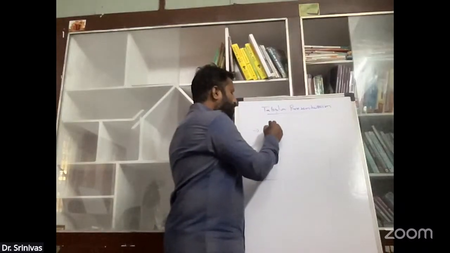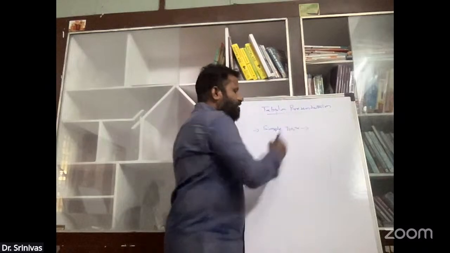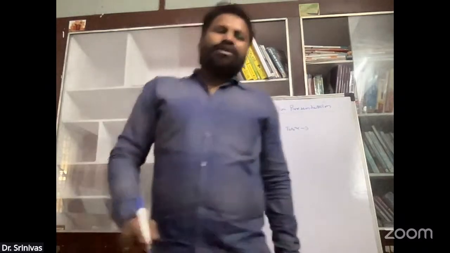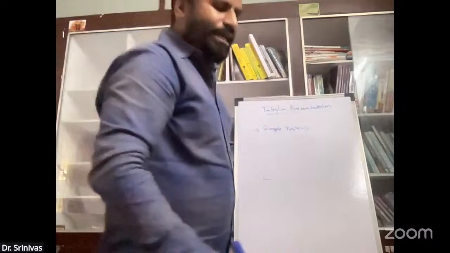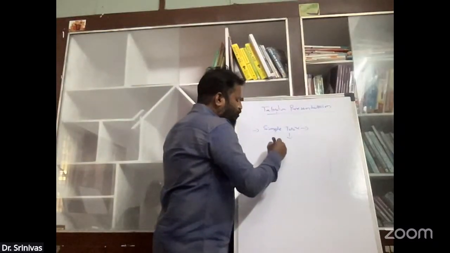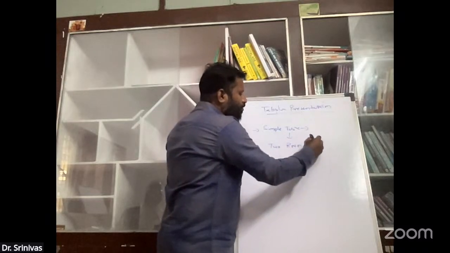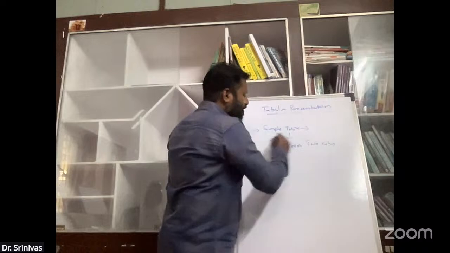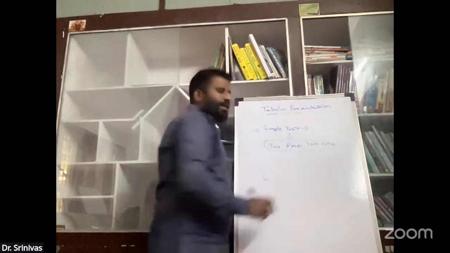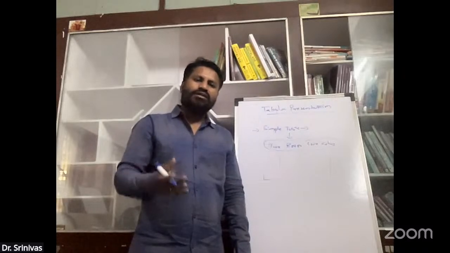So what does a simple table mean? A simple table means that whatever data we have, it consists of only either 2 rows or 2 columns. So simply, the data is classified either row-wise or column-wise.